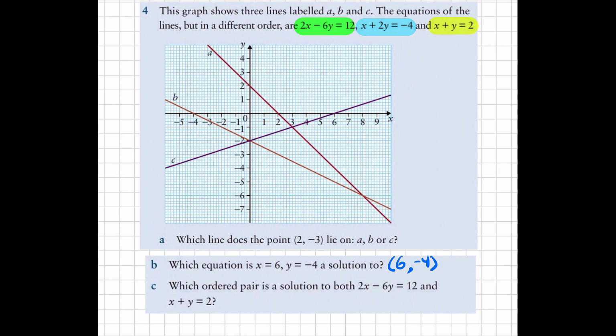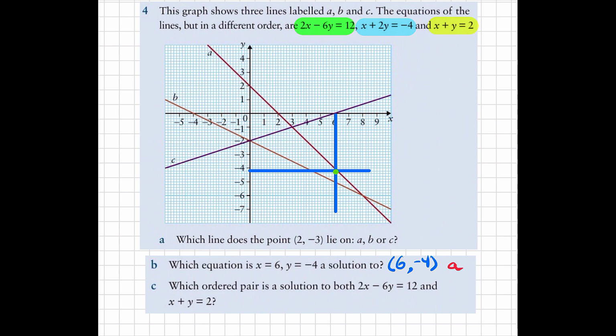Now we just need to go to where x is 6 and draw a line straight down, go to where y is negative 4 and draw a line straight across. And wherever those two meet, that is where that point is, and we can see that that is on graph A.